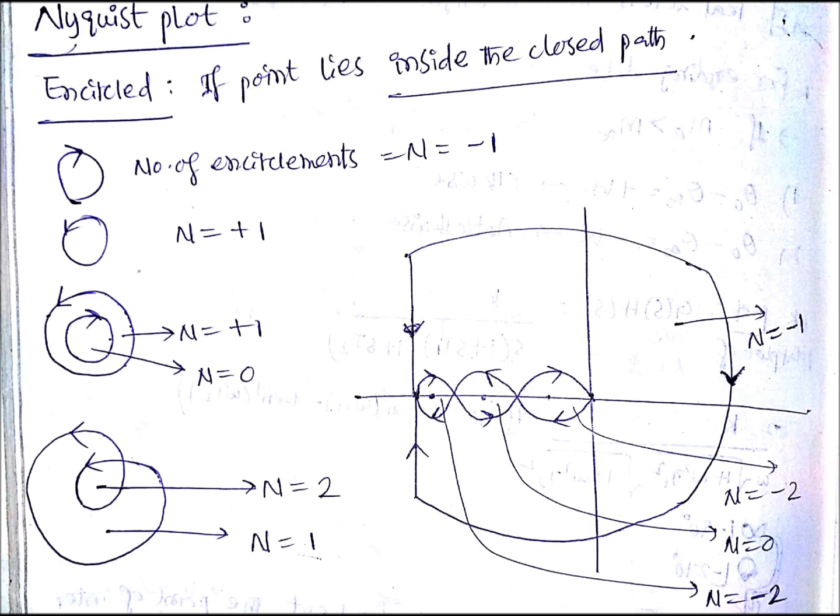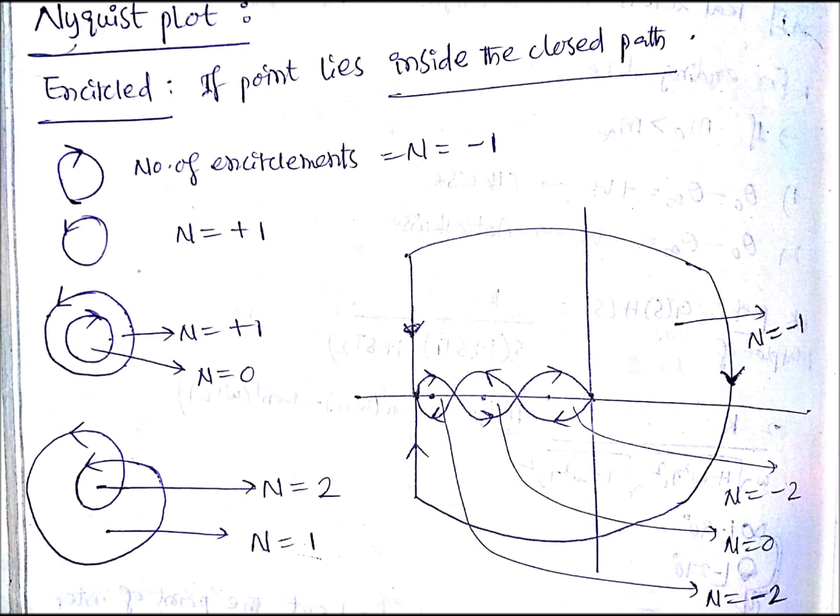That means one clockwise encirclement and one anti-clockwise encirclement, so the net is 0. That's what I represented there. That is very important.